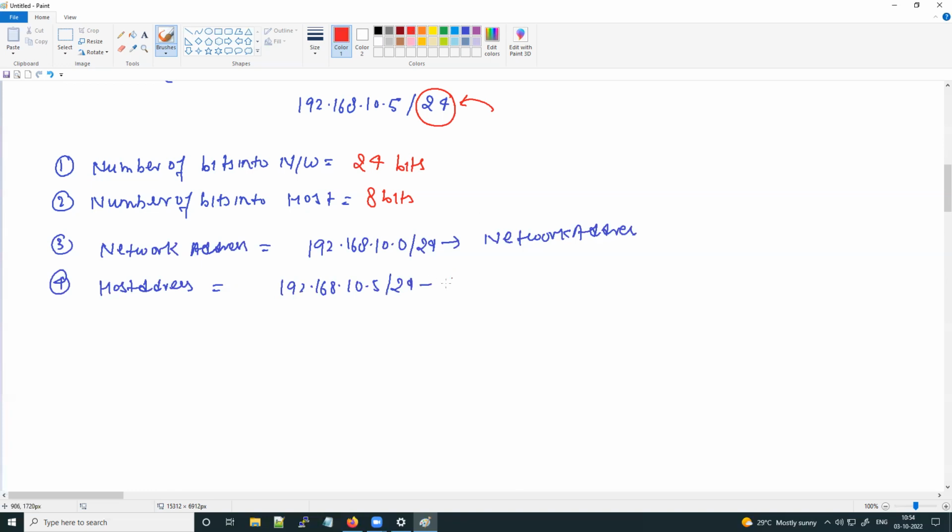This is our host address. So the IP address is 4 octets, 4 bytes, a 32-bit decimal number. In that we have two parts: one is the network address, another is the host address.